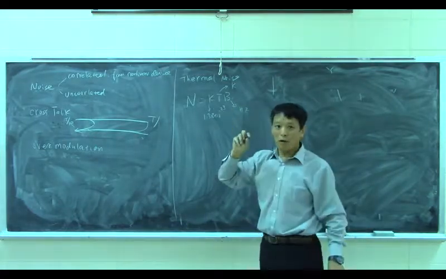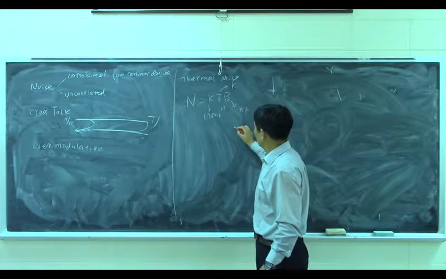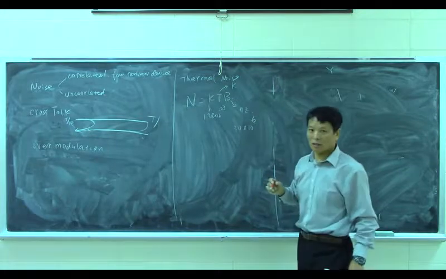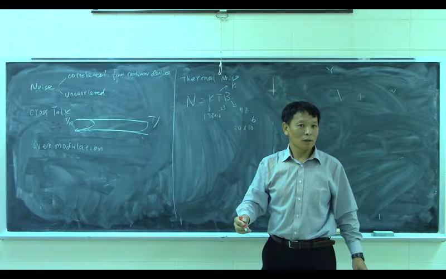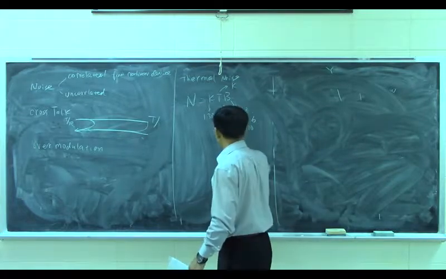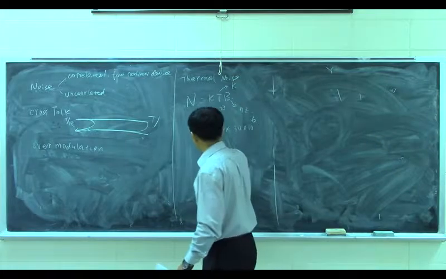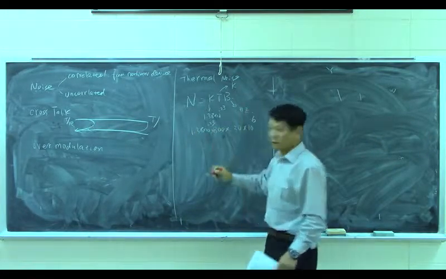For example, in a typical communication system, the bandwidth equals maybe 30 meg, suppose 30 times 10 to the 6. The T will be room temperature, close to 300 Kelvin. Then we multiply by 1.38 times 10 to the negative 23. Look at this.